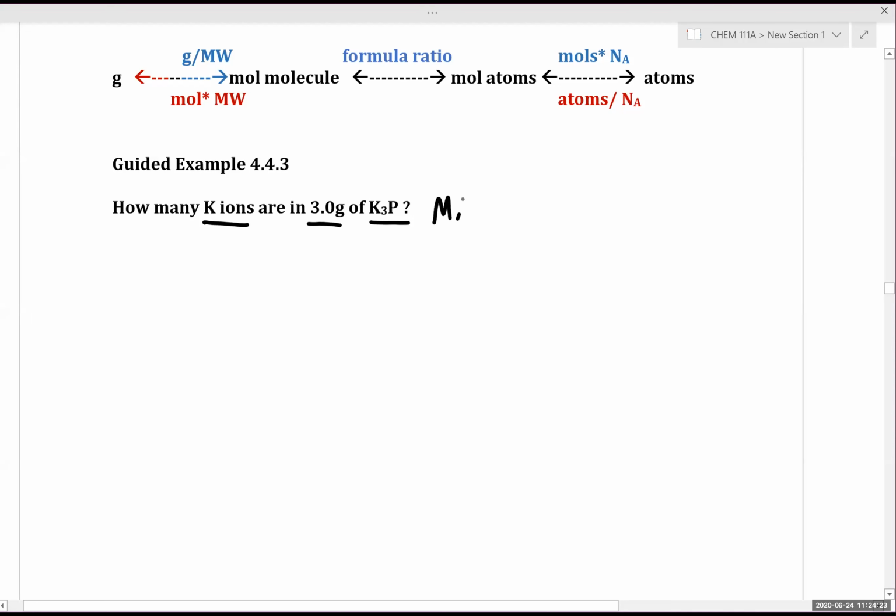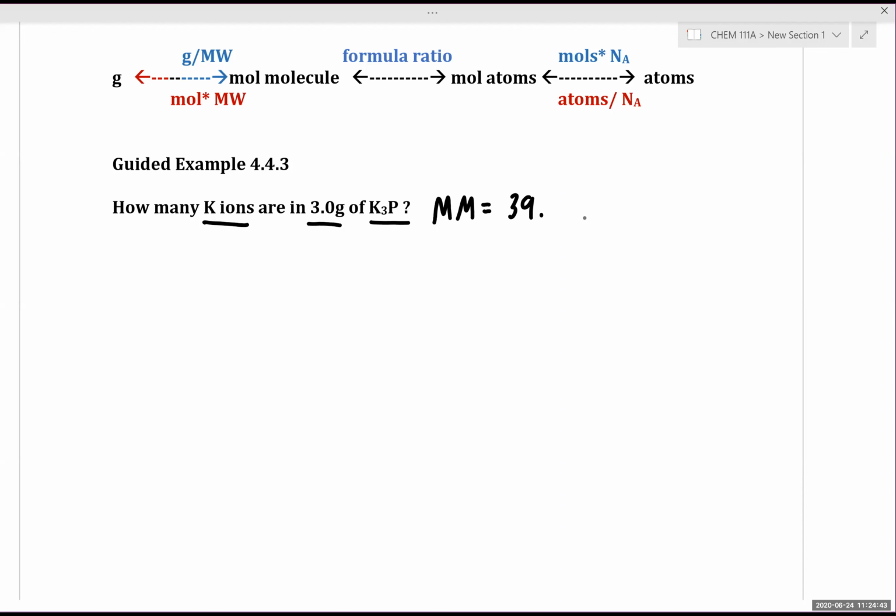So just as a starting precaution, let's calculate the molar mass. Let me look up in our periodic table the molar mass of potassium.